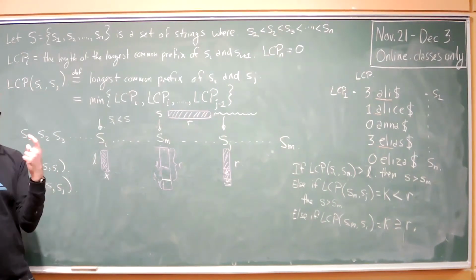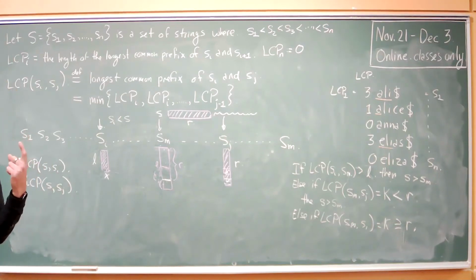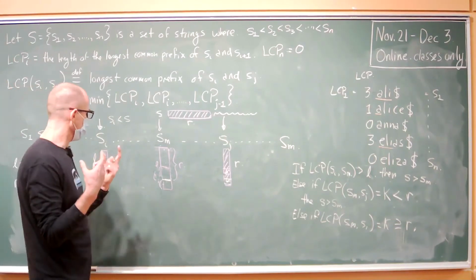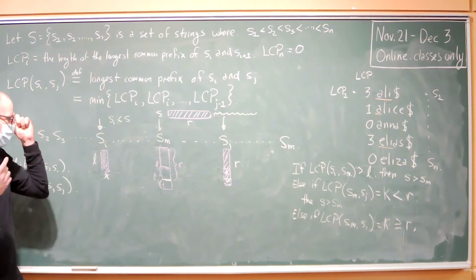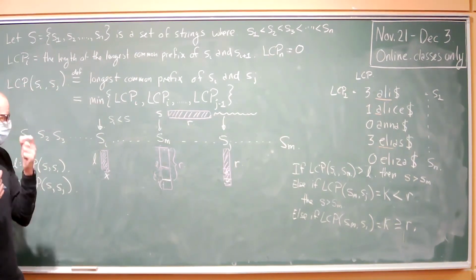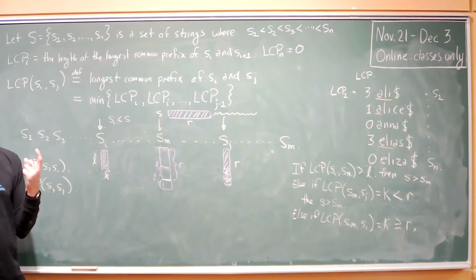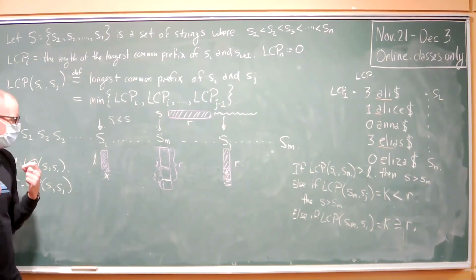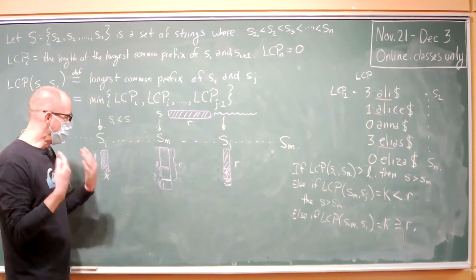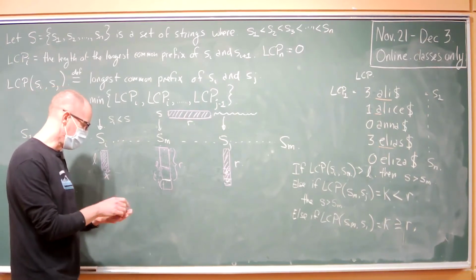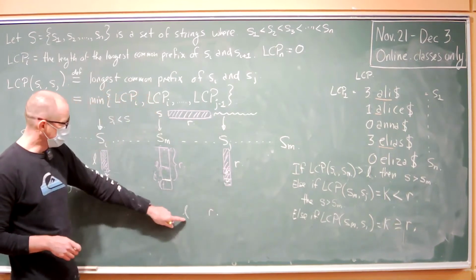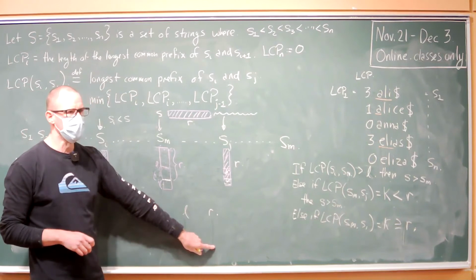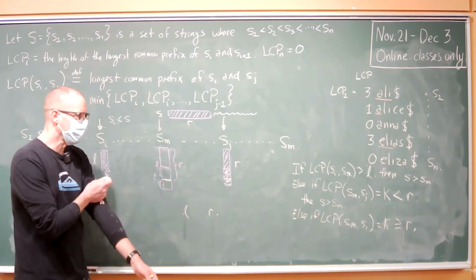So I have these two prefixes, this L and R, that at each step I do order T work, and one of them increases its length by at least T. And neither of them can ever get to be bigger than the length of S. So over all the iterations, I have these two numbers, L and R, and at each step either L goes up or R goes up, or maybe they stay the same, but it only takes constant time.